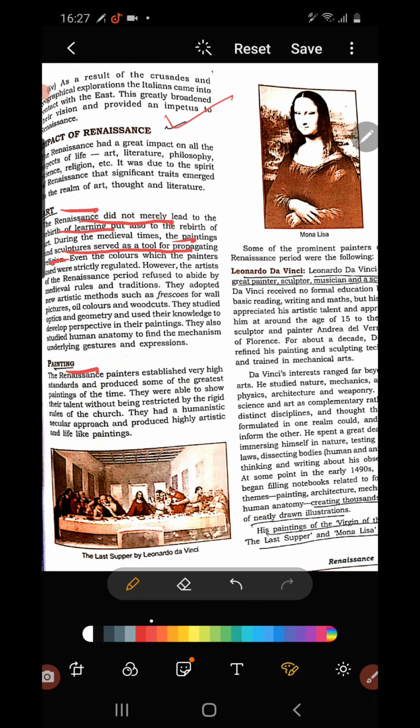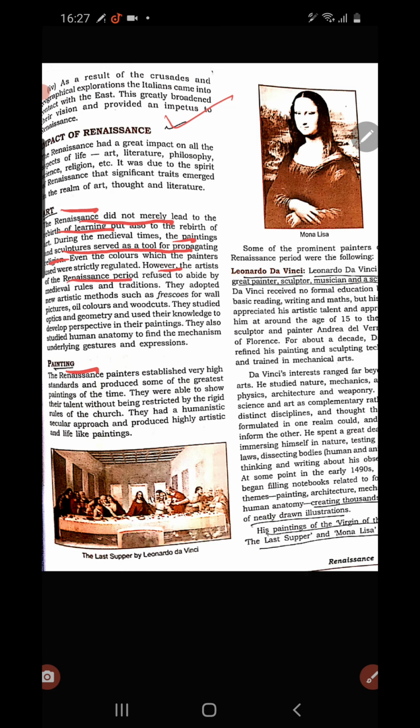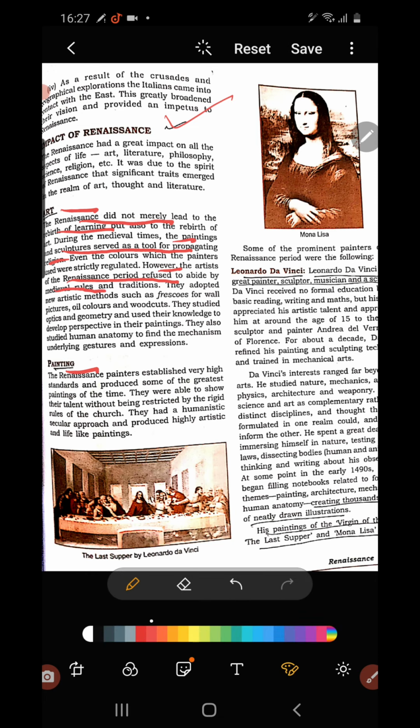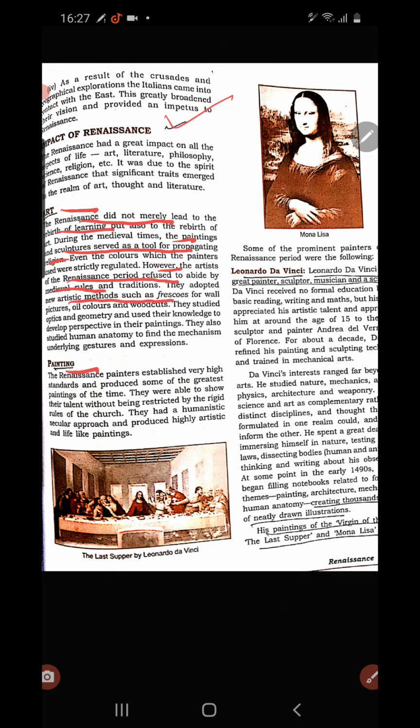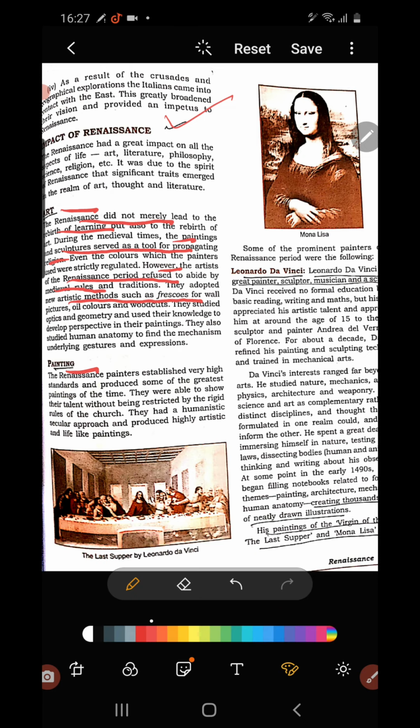However, the artists of the Renaissance period refused to abide by the medieval rules. They objected to the teaching of the church. They did not follow any rules of the church, they came out with free ideas. Accordingly their method was frescoes, wall paintings are called fresco.